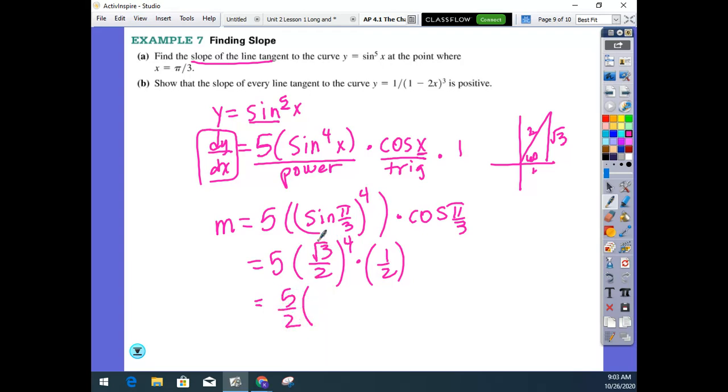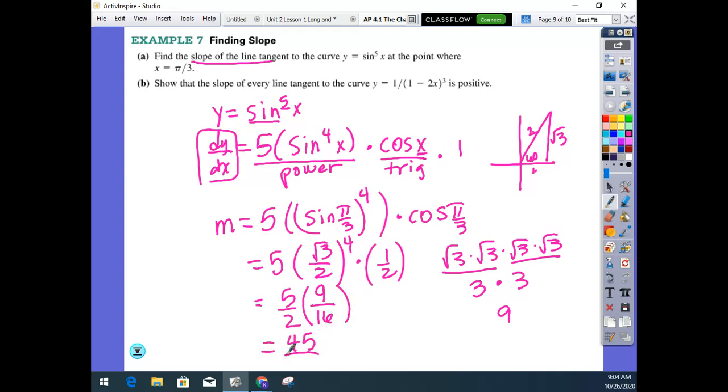When I do radical 3 to the 4th, it's easier to see this one all written out. Radical 3 times radical 3 is 3, times radical 3 times radical 3 is 3, and 3 times 3 is 9. Then we have 2 to the 4th, which is 16. And when we multiply, we get 45 over 32. That's letter A.